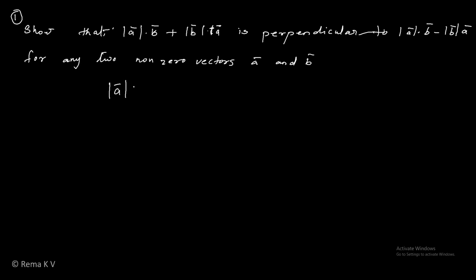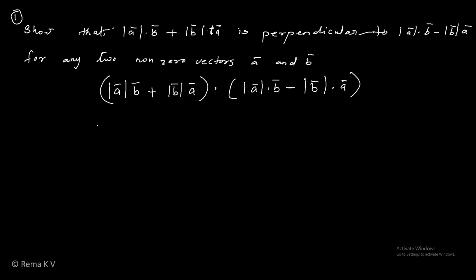Modulus of vector A into vector B plus modulus of vector B into vector A dot modulus of vector A into vector B minus modulus of vector B into vector A. Find out this dot product.